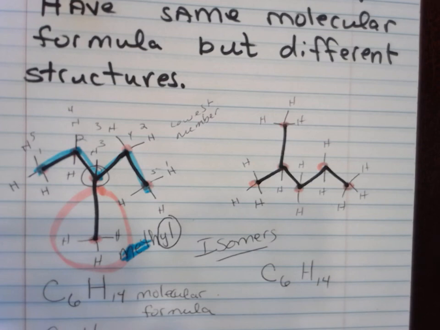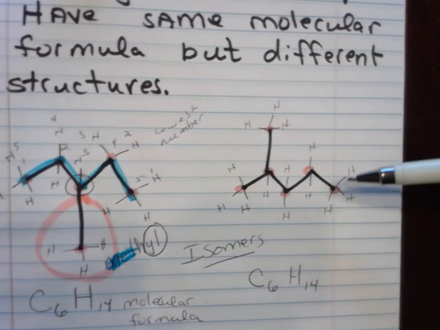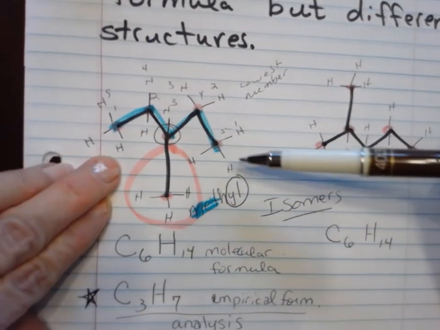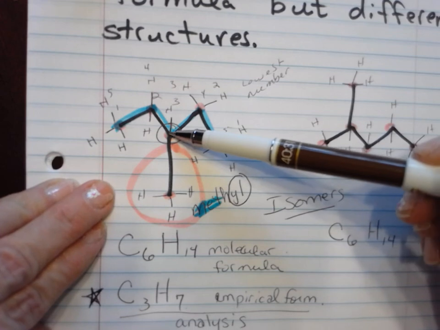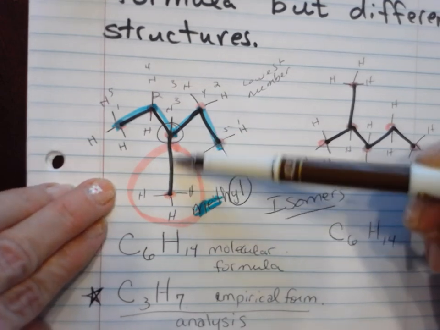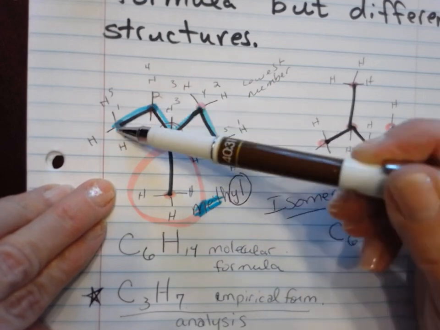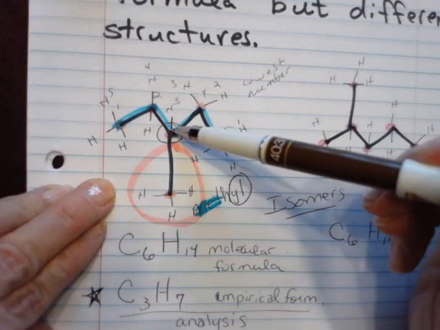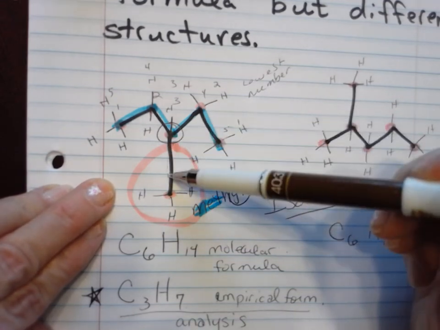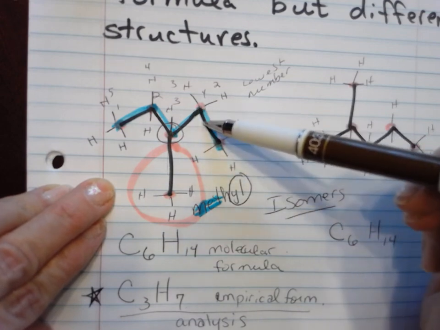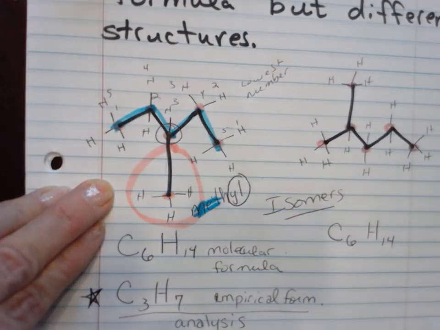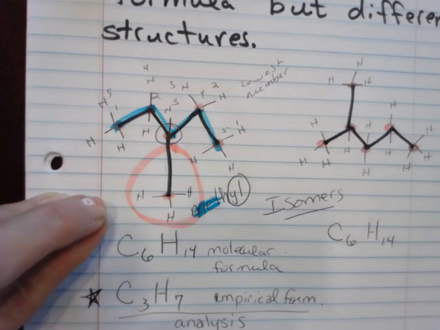Now let's take a look at this one. Another thing that we can notice right here before I move on, do you see how this substituent is the same on both sides? If we're only looking at this substituent right here, and what is on this side is equal to what is on that side, in some cases you'll see things named this way, because we have a prefix that means equal, and that is iso.